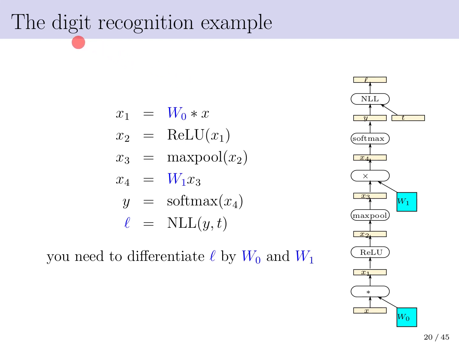In the specific example of the digit recognition, it can be expressed in something like this, and you have to be able to differentiate this L by W0 and W1 here.